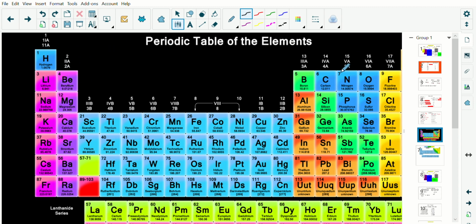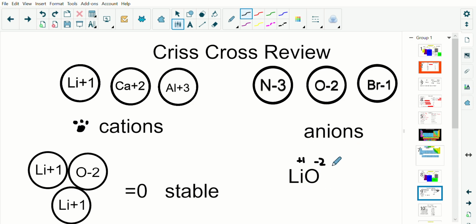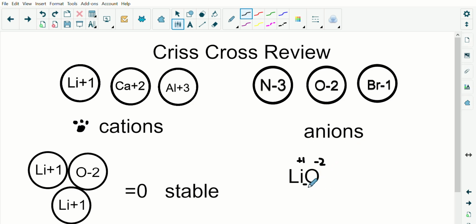I'm not going to do that for this. And you can crisscross it. So this 2 goes here, and this 1, which you don't have to write, goes there. And if you'll notice, Li2O, well, there's 2 Li's and 1 O. So I'm not going to be doing this on the next 2 videos because this will work for all of ionic naming.